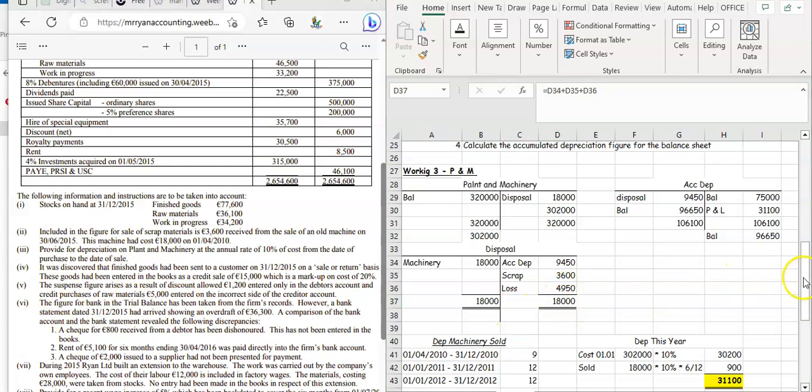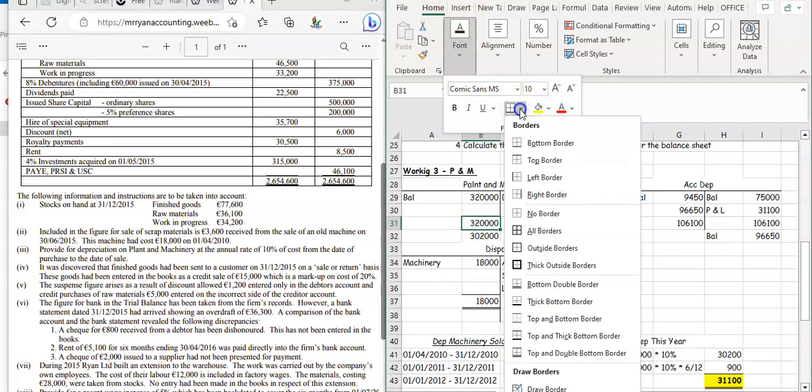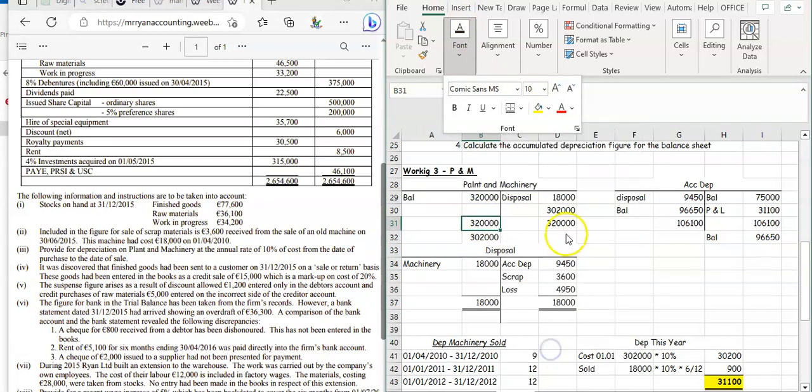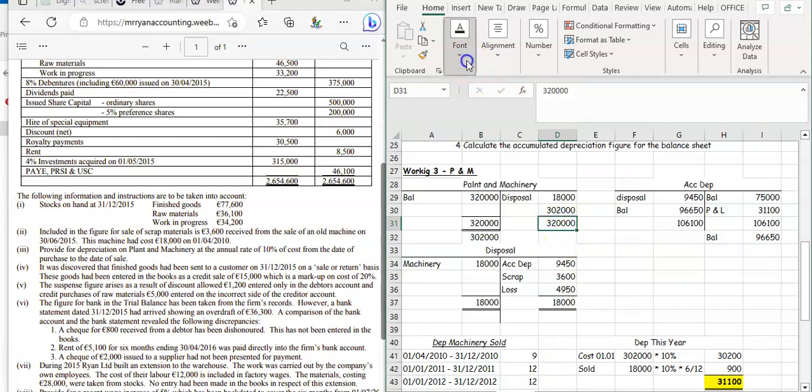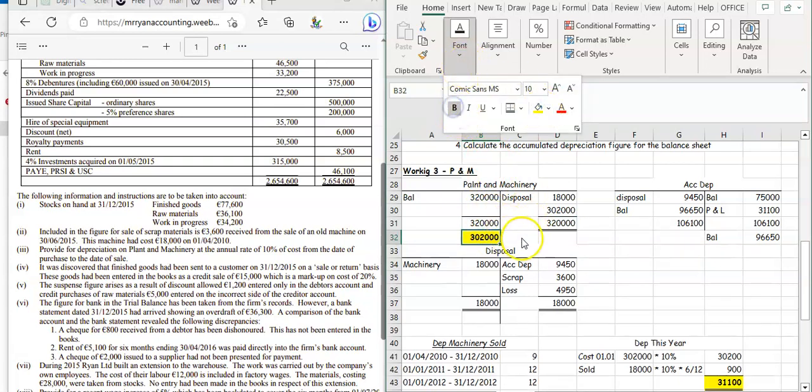We made a loss of 4,950. So at the start of this, we said we needed figures to calculate as part of this adjustment. Our first figure was to calculate the value of our plant and machinery after the item we sold. That's going to be 302,000. That goes into your balance sheet as a fixed asset.